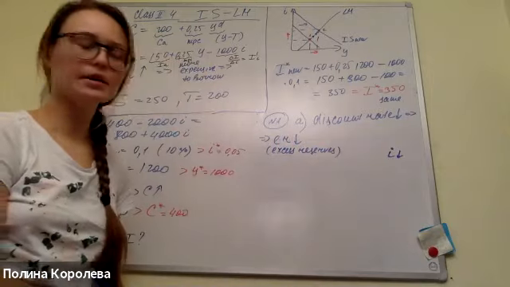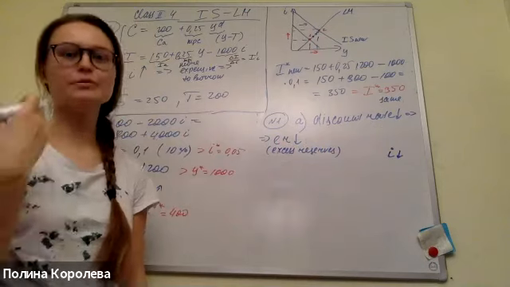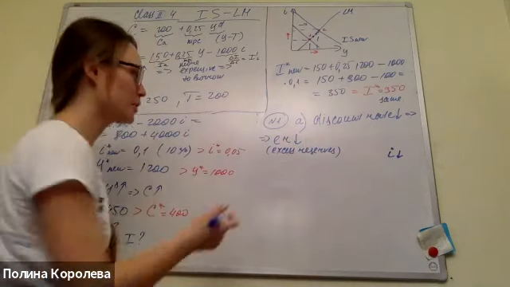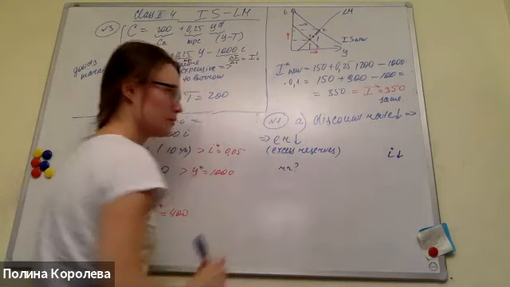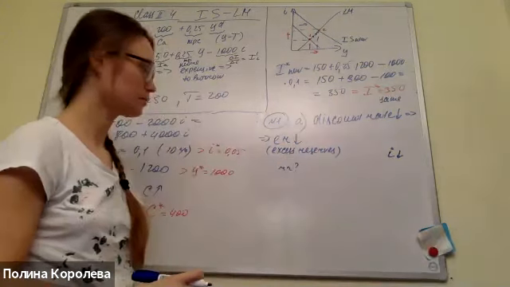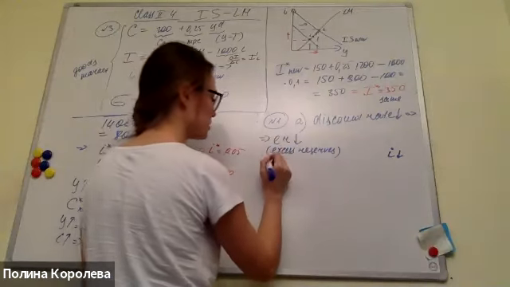And where we have excess reserves ratio, where we have required reserves ratio, in the money multiplier, yes, as you remember, let us write down.